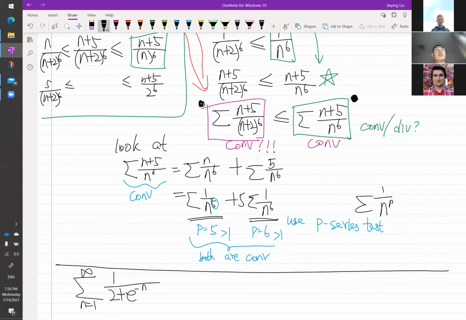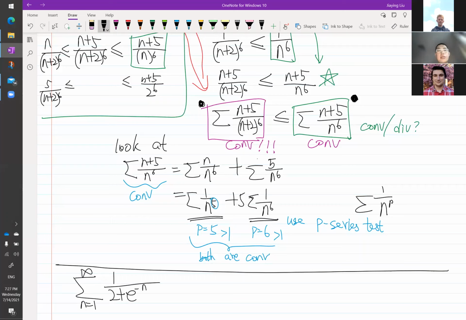That's just the comparison test, right? I always think about it like if you have a bigger box that has a finite volume, then if you put a smaller box inside, as long as it fits inside, the smaller box also has a finite volume. That's sort of the idea.